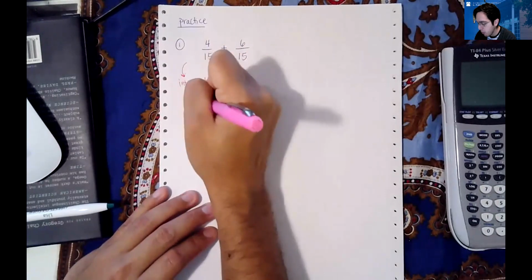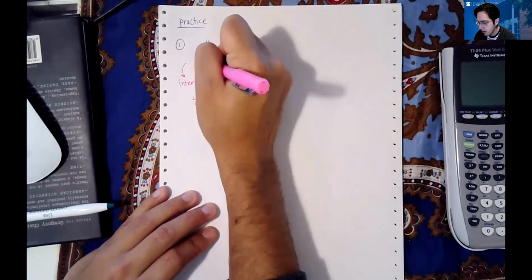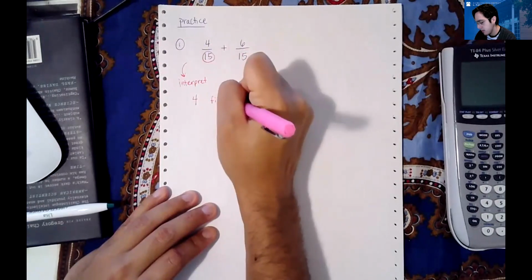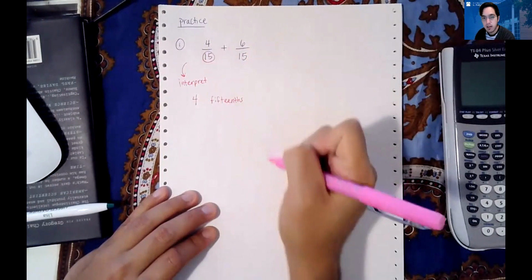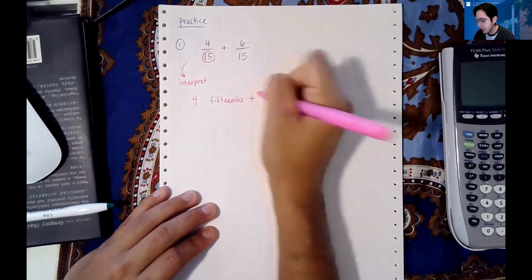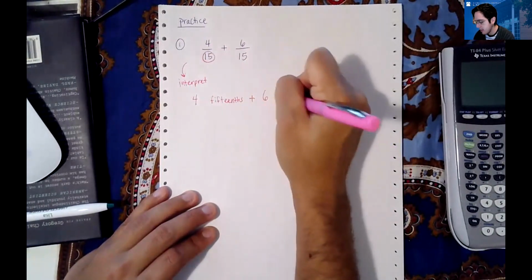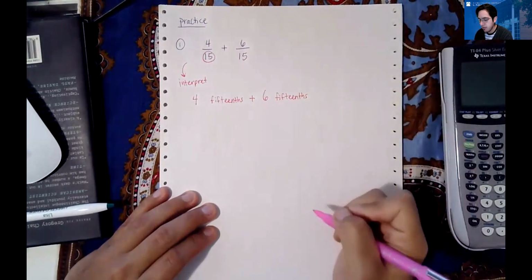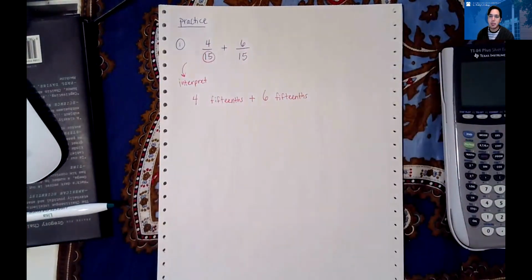So here you could think about this or interpret this problem as having 4/15 plus 6/15. And if we think about it that way, if I have 4/15 plus 6/15, how many 15ths should I have? 10.